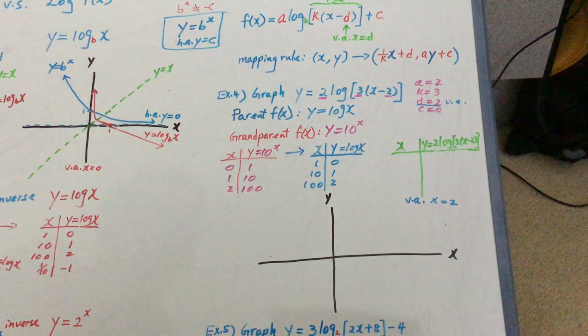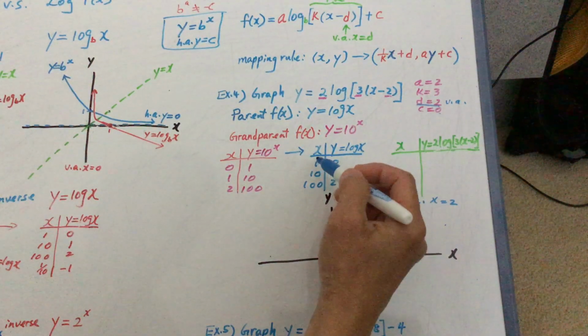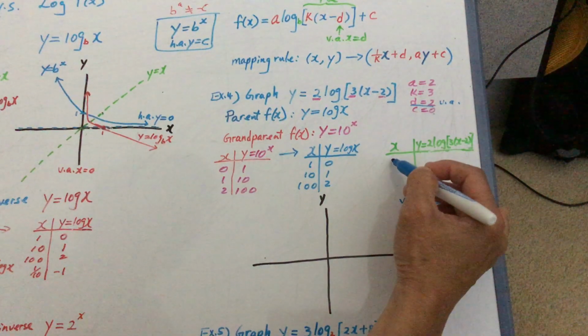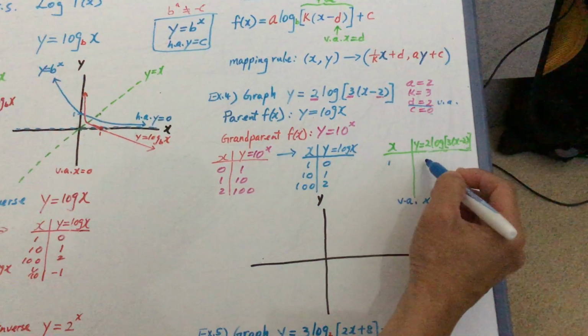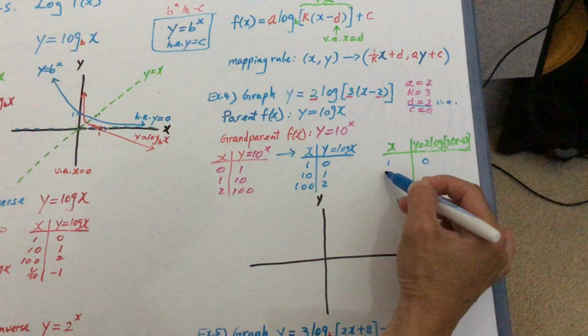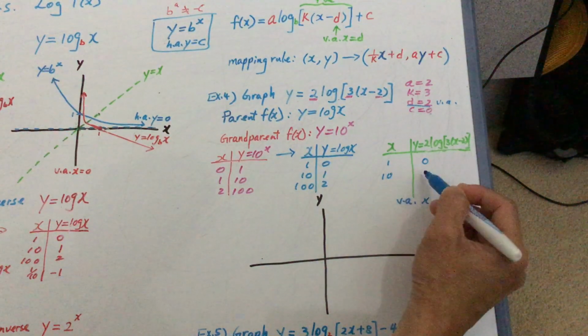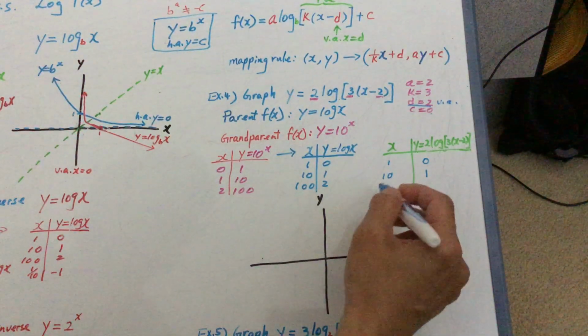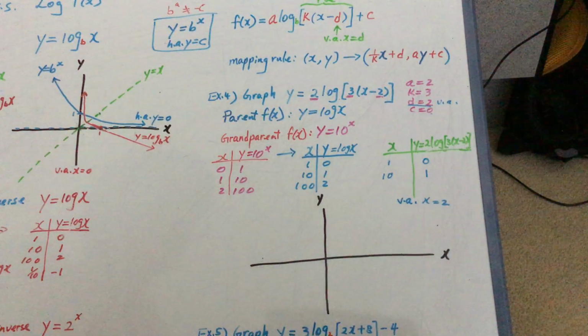For the same x values, 1 and 10, I'm going to repeat what I have over here. Maybe I'm not going to do the last one because it is getting very big.